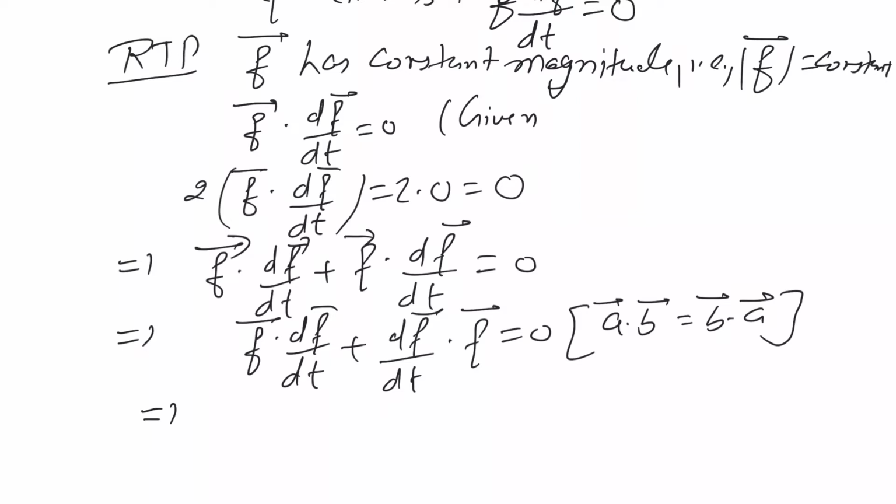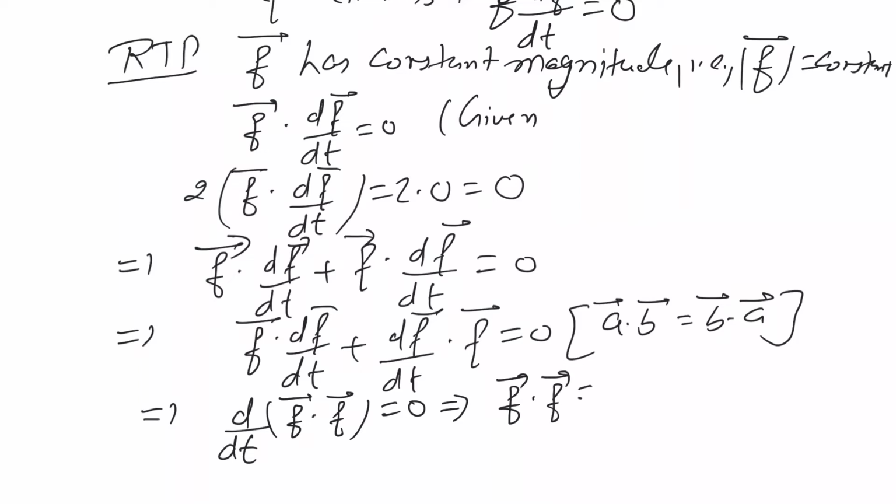This further implies that by differentiation of the dot product, we can write this is equal to this thing. This further implies that integrating both sides, we get this is equal to a constant quantity. This implies that f dot f, we know, is f magnitude square.